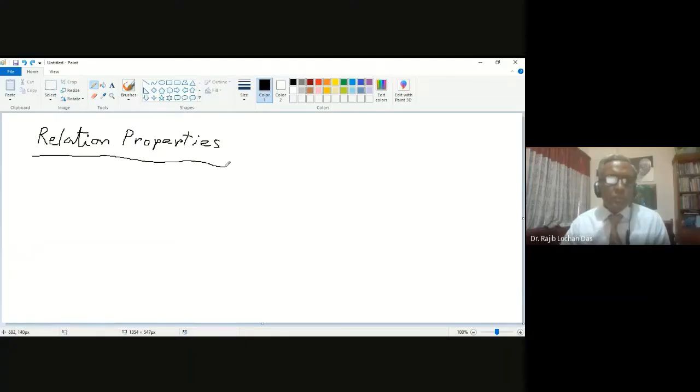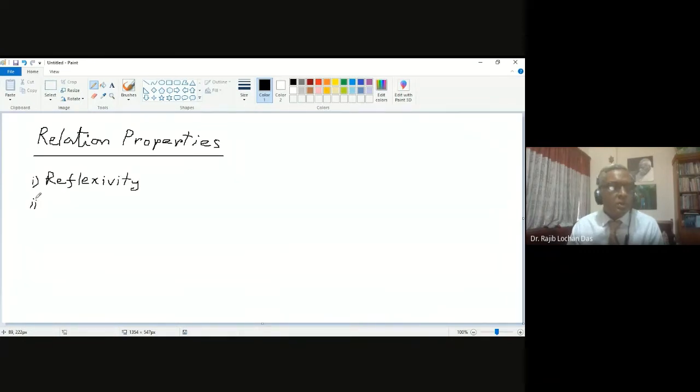So three properties are... one is called reflexive property, reflexivity. Another one is called symmetricity, symmetric property.